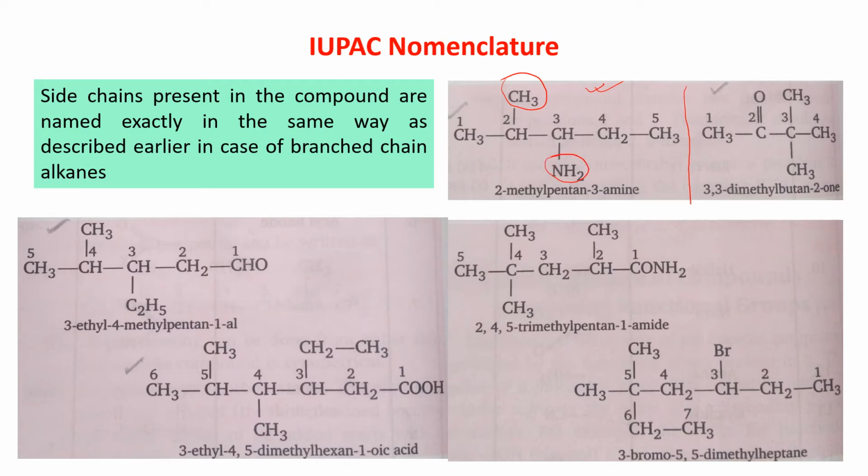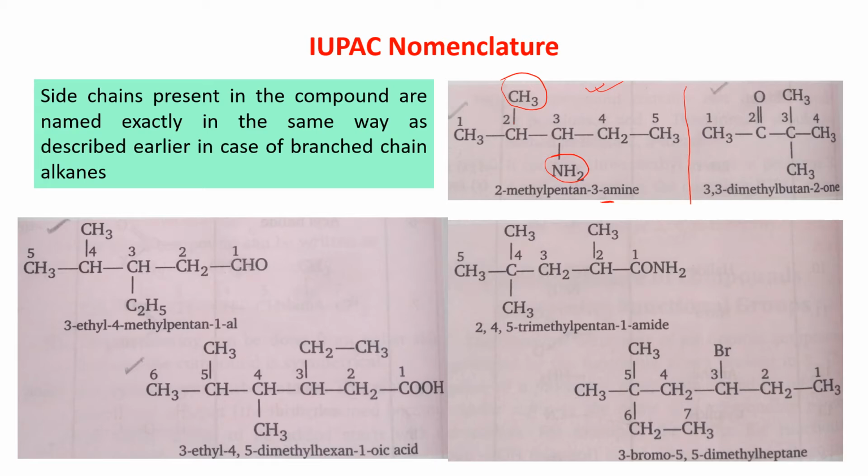Now methyl group and amino group, in these two, the numbering will be 1, 2, 3, 4, 5 from this end. Okay. And amine will come afterwards. Numbering, it is getting 3, it is 2. So the name of this compound is 2-methyl because it's a substituent. So 2-methylpentan-3-amine, and A is a vowel, so E is dropped from pentane. Am I clear?